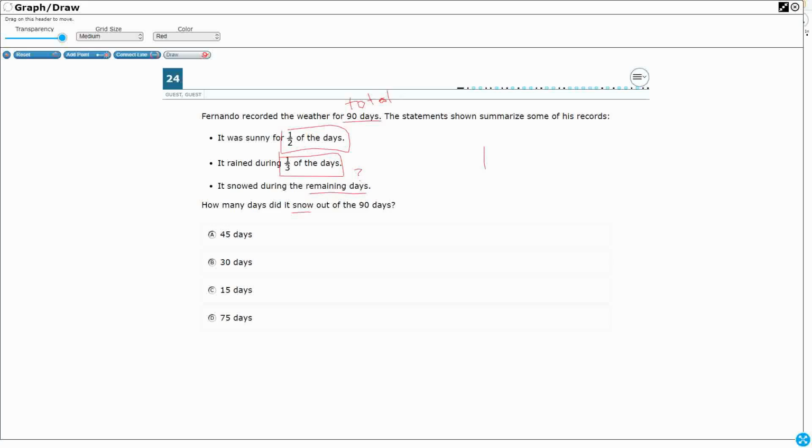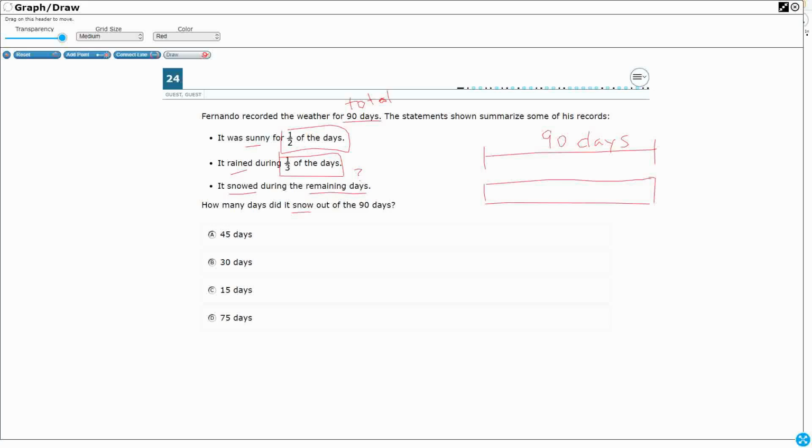So I'm going to represent this as a strip diagram to show that. So 90 days. All right. Now within that 90 days, what do we know? Well, we've got three different things: sunny, rainy, snowy. We can show this representationally, right?